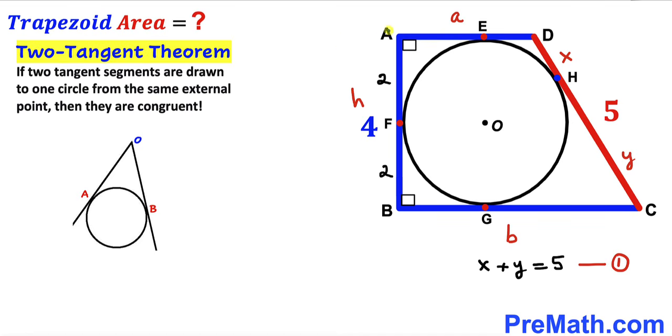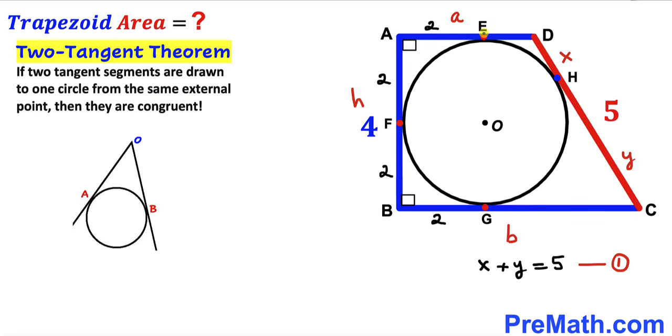Here we can see, according to this theorem, segment AE is equal to segment AF. If this segment is 2, then AE has got to be 2 units as well. Likewise, segment BG is equal to segment BF. If this is 2, then this has got to be 2 units as well.